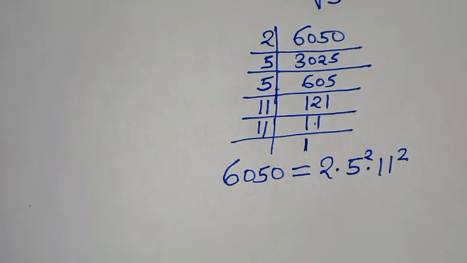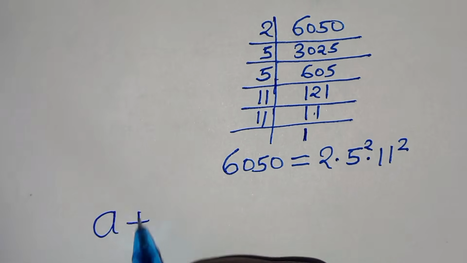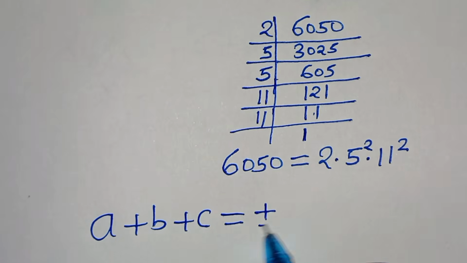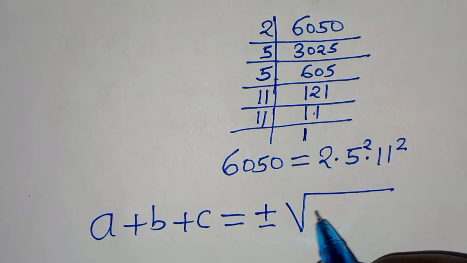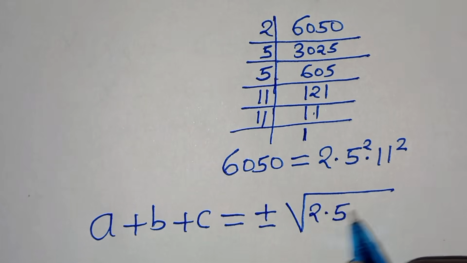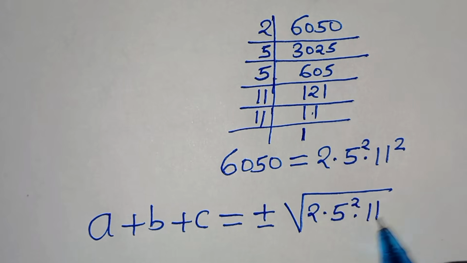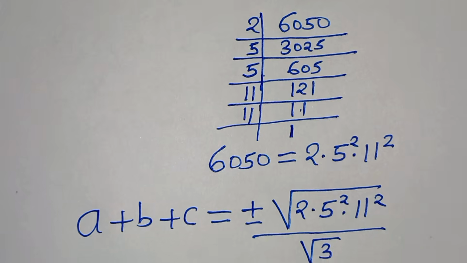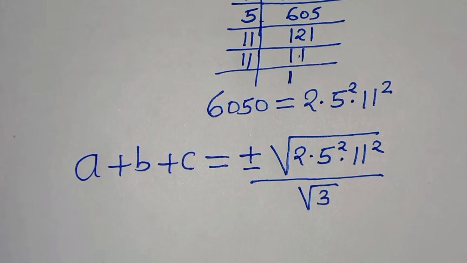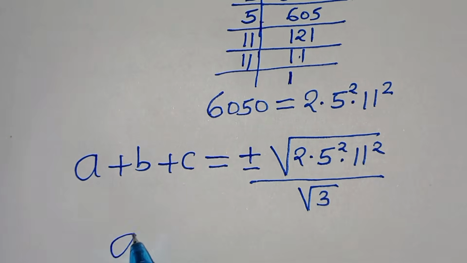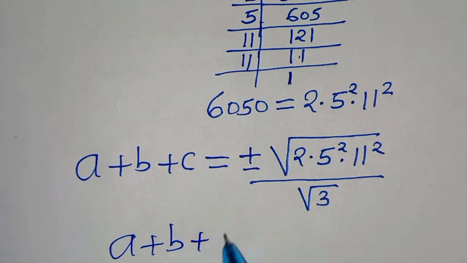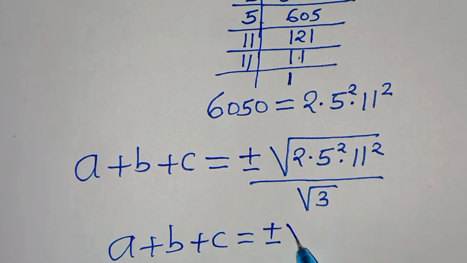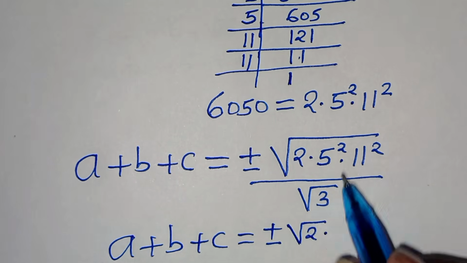Okay, so this implies that a plus b plus c, this is equal to plus or minus the square root of 2 multiplied by 5 to the power of 2 multiplied by 11 to the power of 2 divided by square root of 3. Now, let's simplify here. This is equal to plus or minus the square root of 2 multiplied by 5 squared.